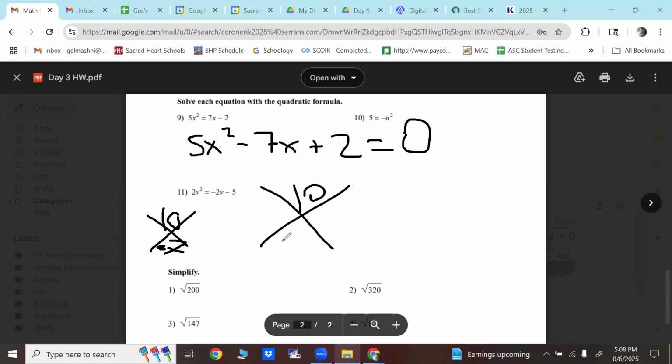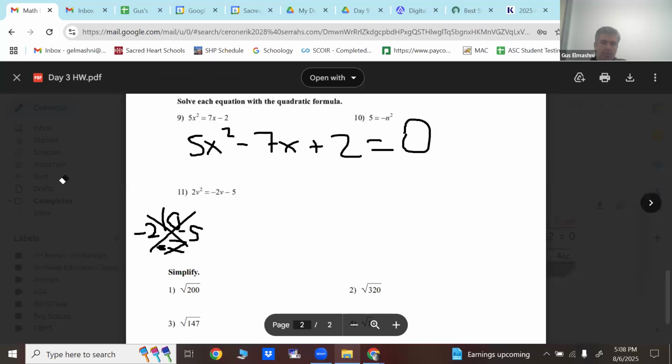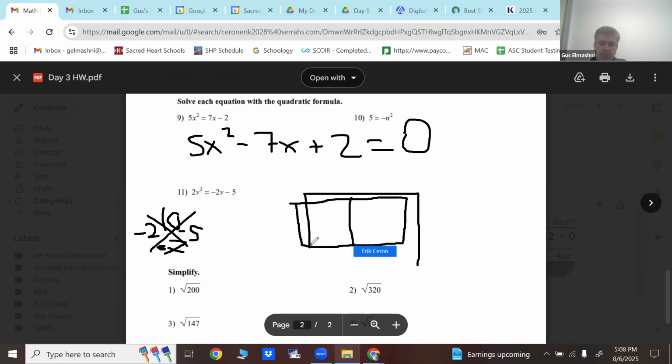Would that work? Yeah, good. So then you make a box.